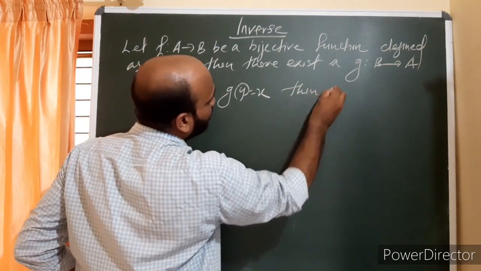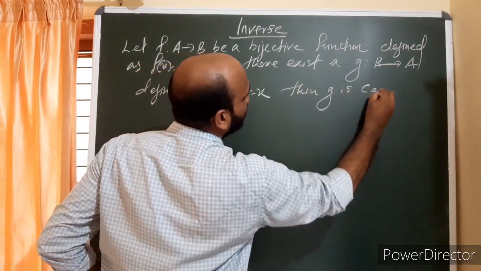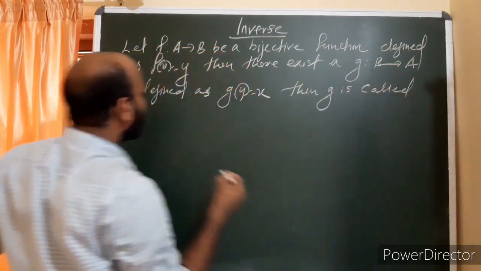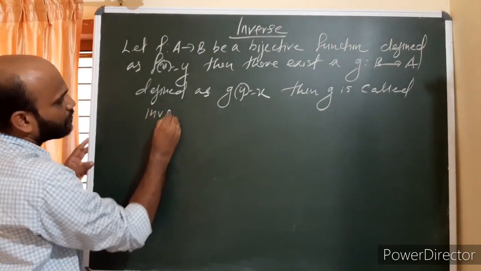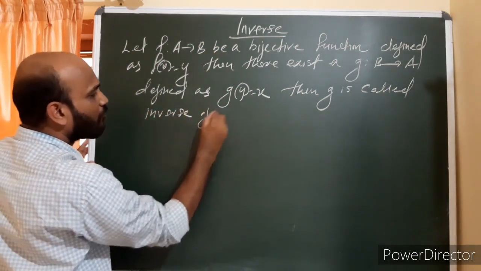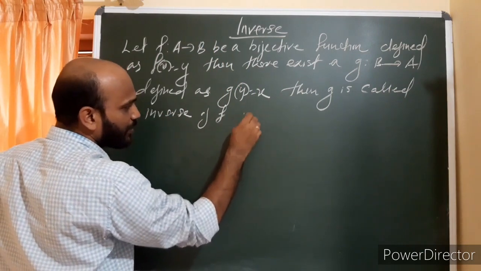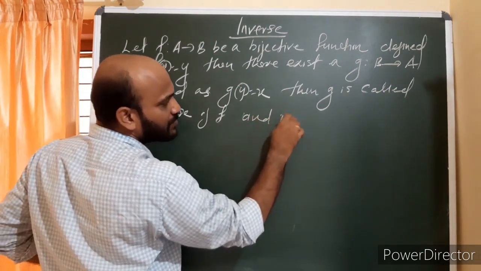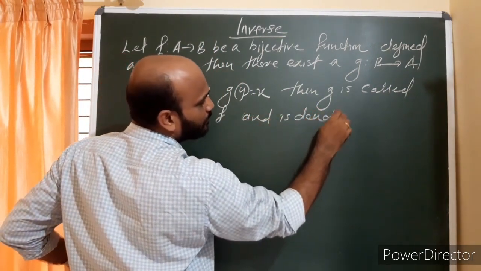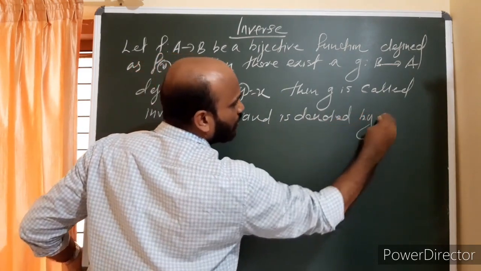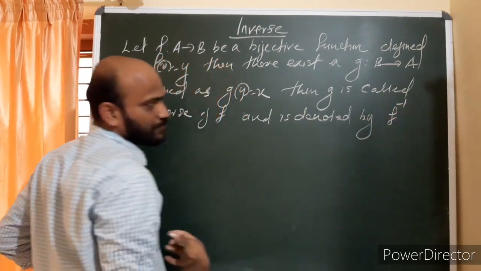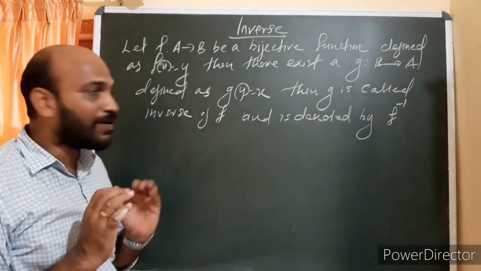Then g is called the inverse of f and is denoted by f inverse. I'll read once again.